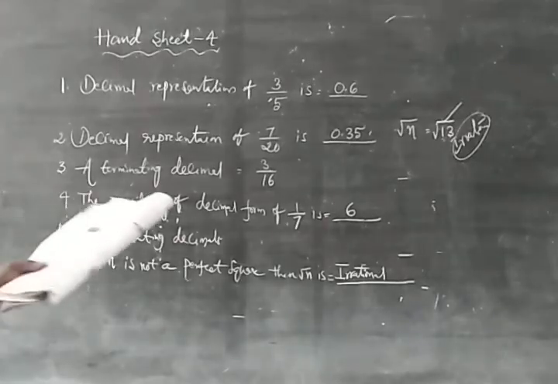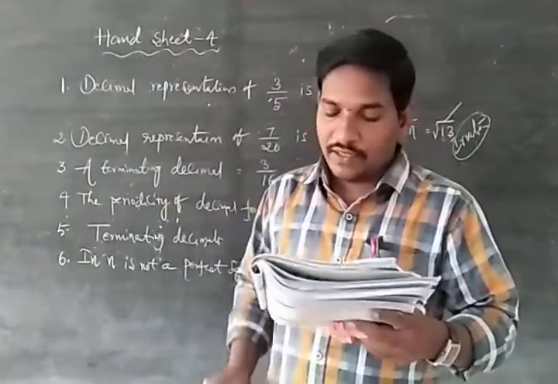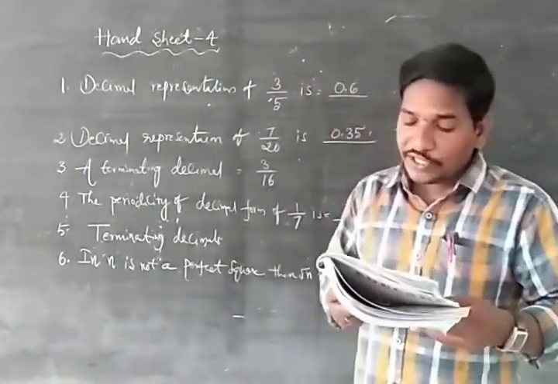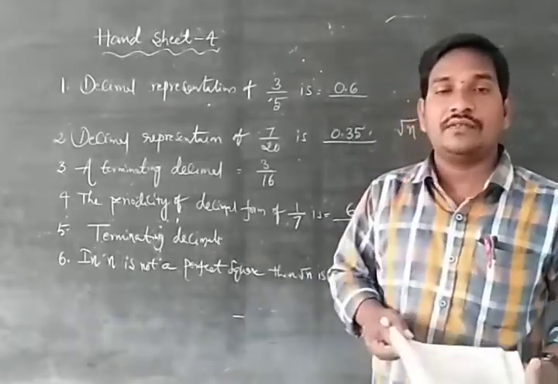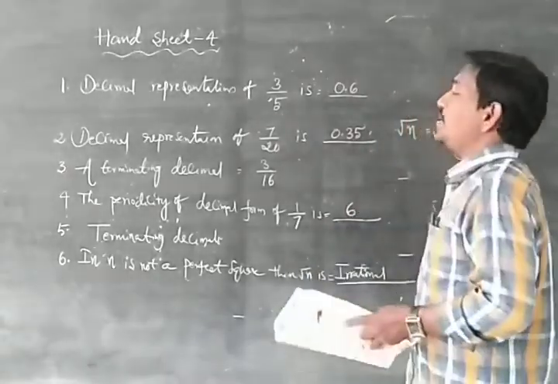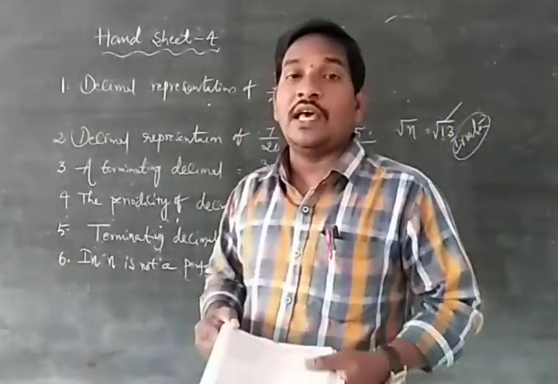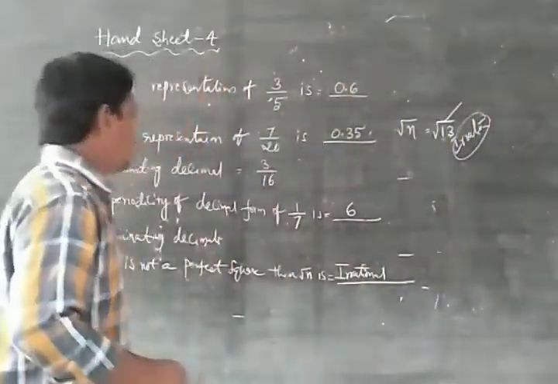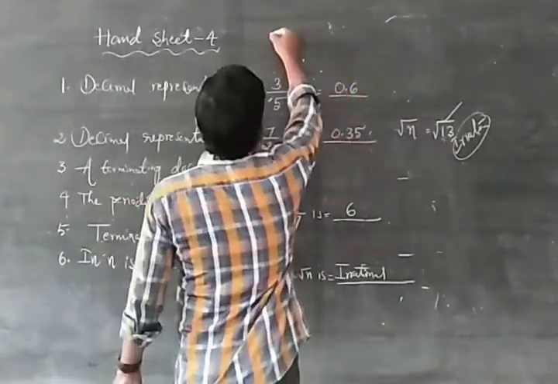Now, seventh one: in the division process, if a rational number represents a non-terminating repeating decimal, then the remainder is dash. In non-terminating repeating decimals, we cannot determine the remainder. So, 0.1 by 3. Sorry.